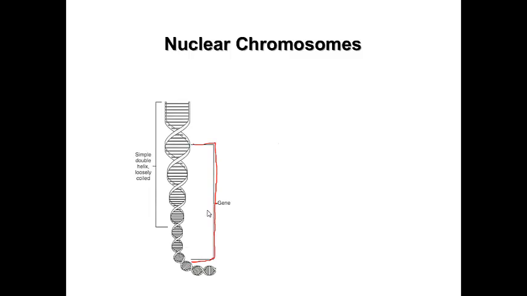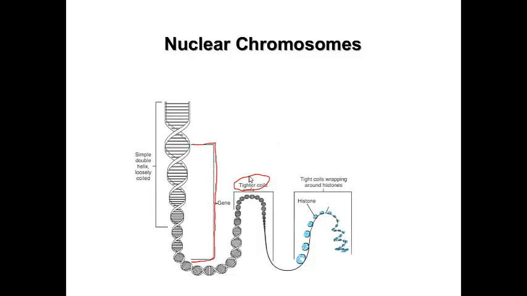So what happens is the coils get tighter and tighter and tighter. And then they start wrapping around these little octets of special proteins called histones. We'll talk about that later as well.